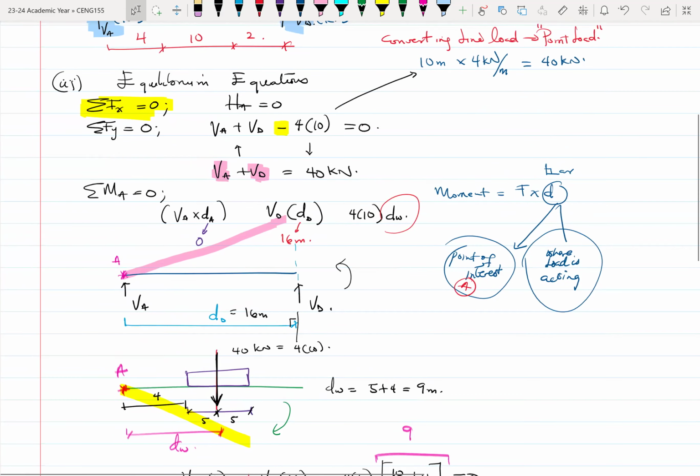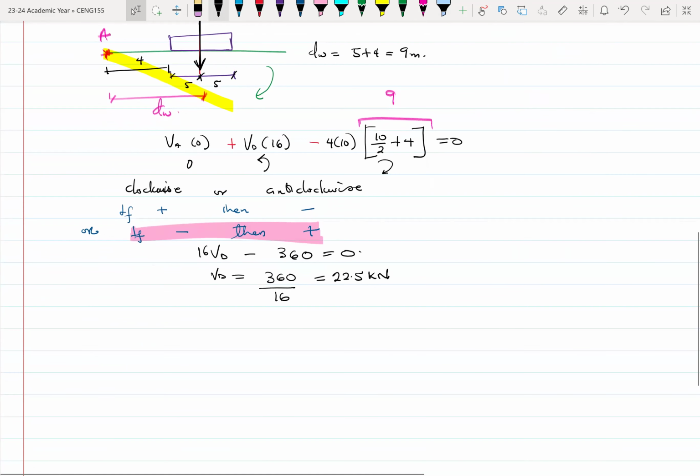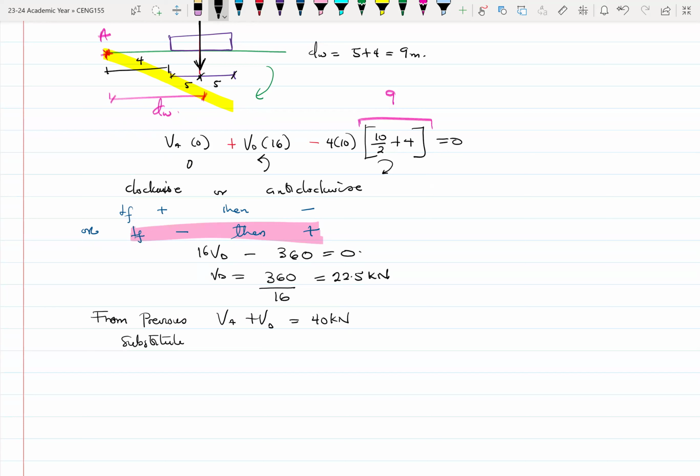Okay. So now I know my VD, right? I'm coming back to the equation for summation of forces in the y direction. Now I know VD, I need to find VA. From previous, we said VA plus VD was 40 kilonewtons. So substitute VD equals 22.5 kilonewtons into the above equation.